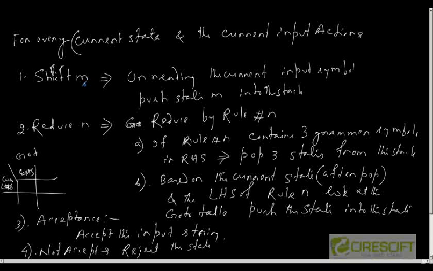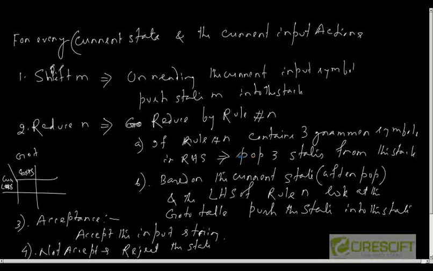Either you shift by M, which means you push the state M into the stack by reading the current symbol. Or you reduce N, that means you reduce by grammar production number N. If that production has suppose X number of symbols in the RHS, you have to pop from the stack X number of times.